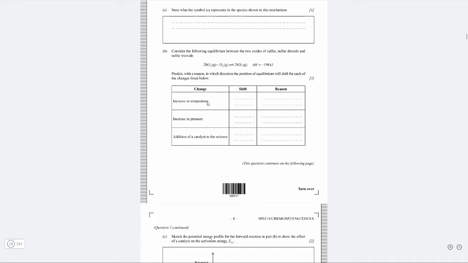Alright, so it's an equilibrium question. First statement, increase in temperature. Well, it's an exothermic reaction, so this way increases the temperature and this way decreases the temperature. If we increase the temperature, it wants to go the other way to decrease the temperature by the whatever law.